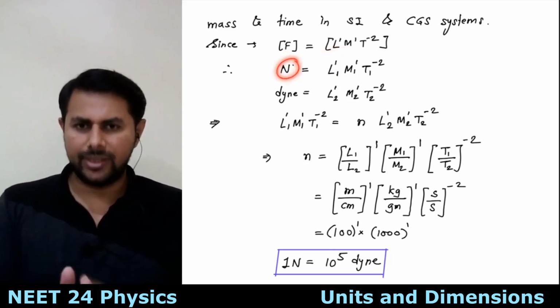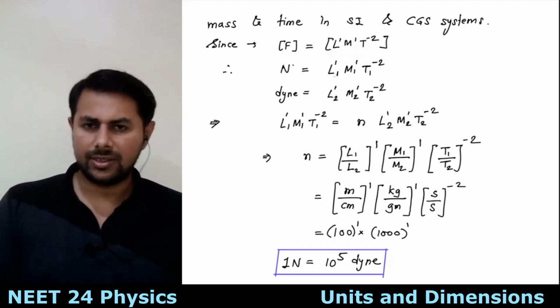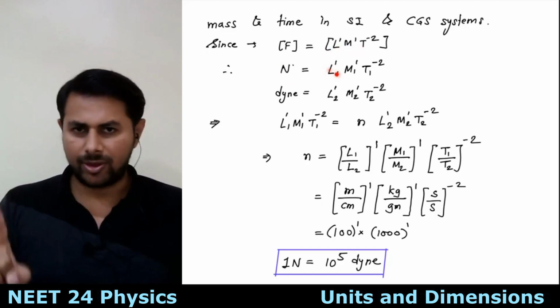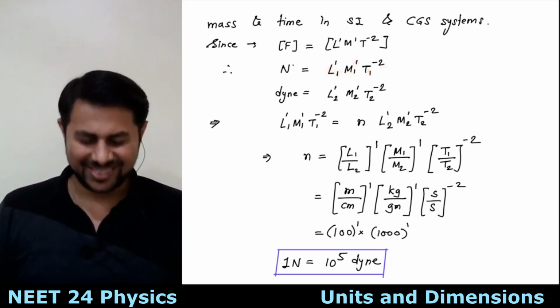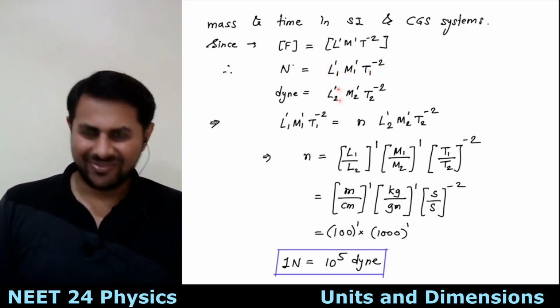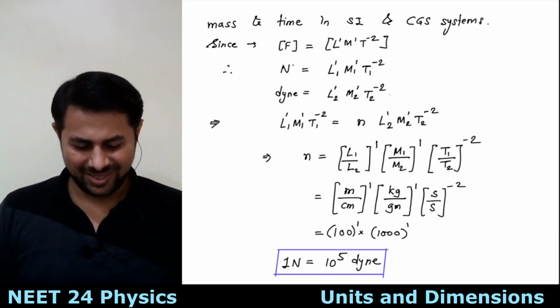So its unit must have these dimensions, right? So in the first system it is L1 to the power 1, M1 to the power 1, T1 to the power minus 2. In the second system it is L2 to the power 1, M2 to the power 1, T2 to the power minus 2, right?